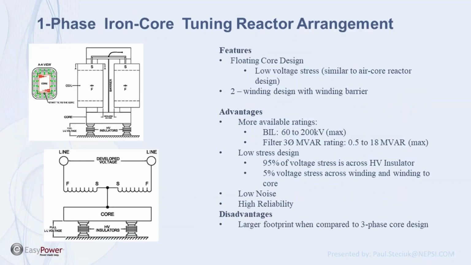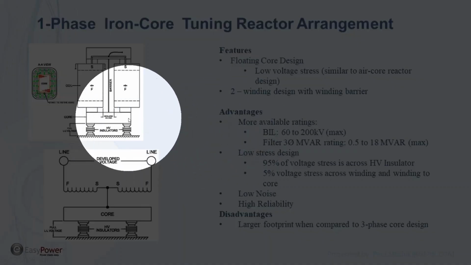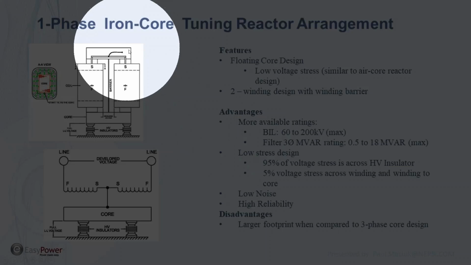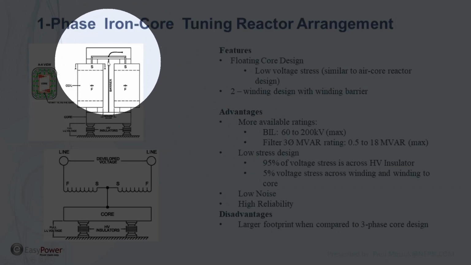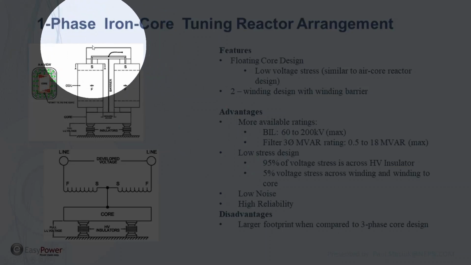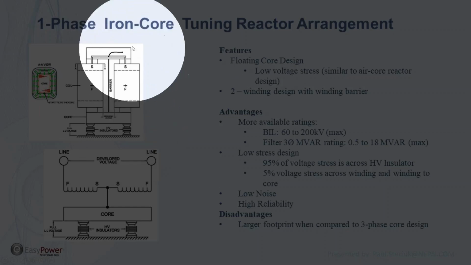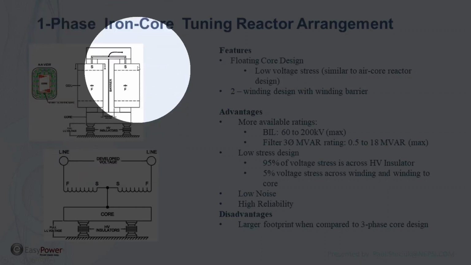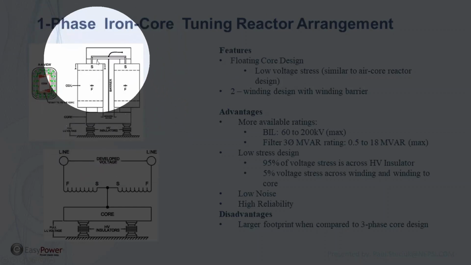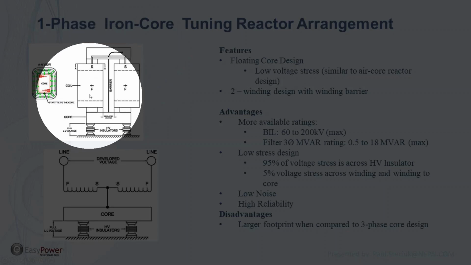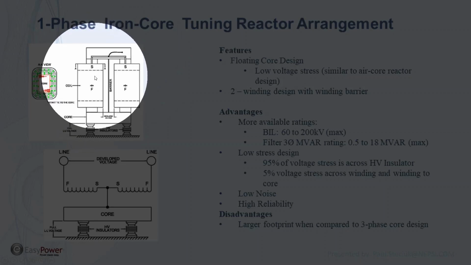We would typically for iron core reactors use single phase reactors. Those reactors are put up on insulators here, and what we do is we tack the core to the winding, and what we do is we elevate the reactor core in voltage. And we're doing that because under normal operation, the voltage drop across the reactor is 1 over the tuning point squared.